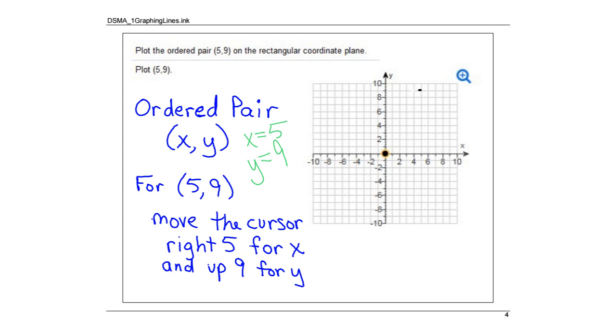So we're going to come over here to 5. x equals 5 would be right here. And then we're going to make our way up to where y is equal to 9. And that's going to be our ordered pair. So we would drag that and release right here at the ordered pair (5, 9).